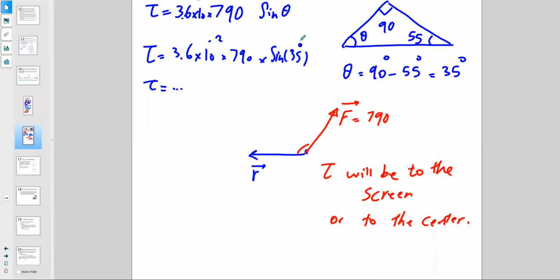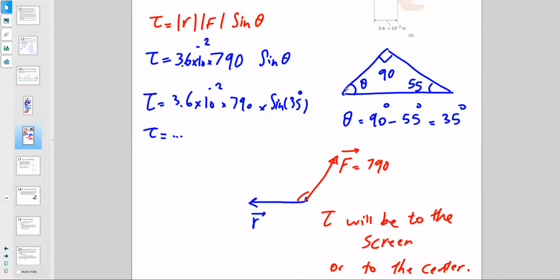So in our case, if this is our force here, then when I showed it here, I consider this to be the angle between them, which is 145.